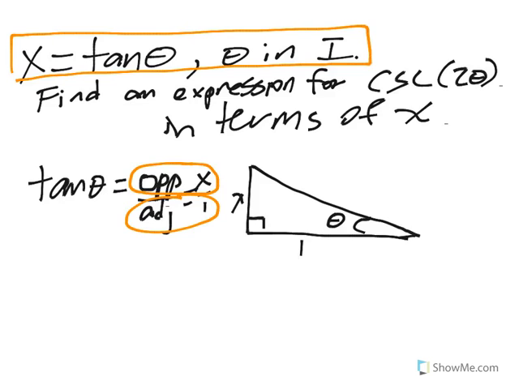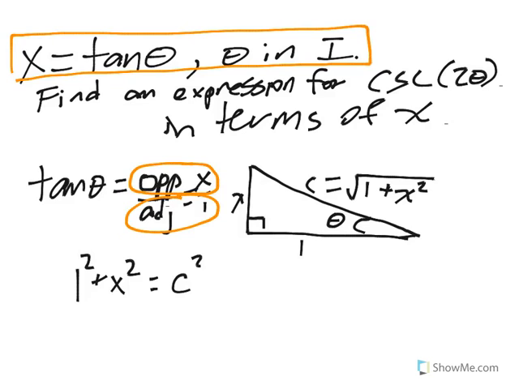With Pythagorean theorem, 1 squared plus the other leg squared is the hypotenuse squared. Let me just call this c for a second. Solving for that hypotenuse, it's the square root of 1 plus x squared.